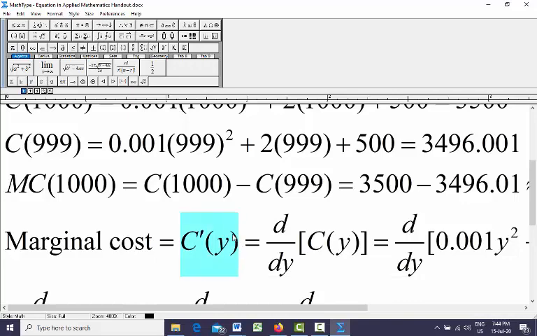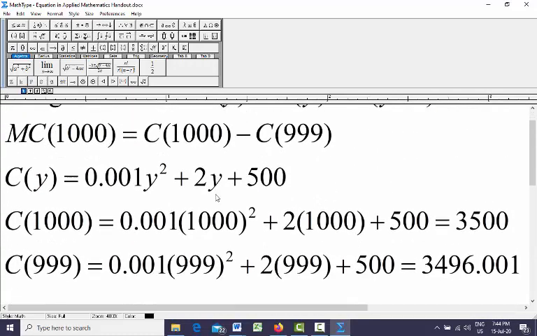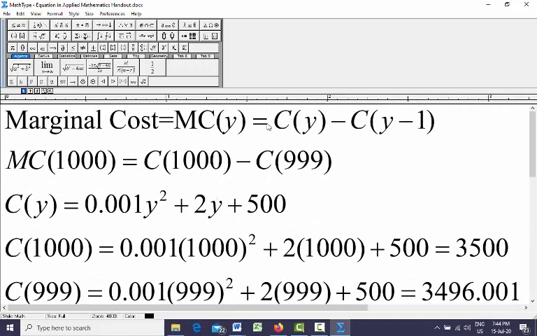C prime y means, if that's the cost function, this is the total cost function.